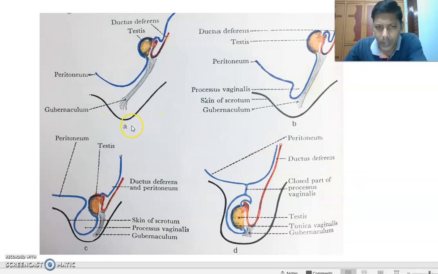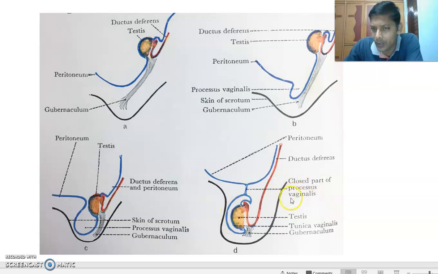You can see steps A, B, C, D. Here is the testis, and this is the peritoneum. You can see the peritoneum inside the abdomen; the visceral peritoneum and parietal peritoneum are present. Here the peritoneum also comes down and covers the testis. This is called the tunica vaginalis.